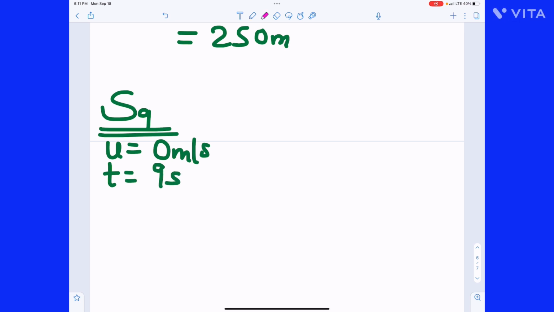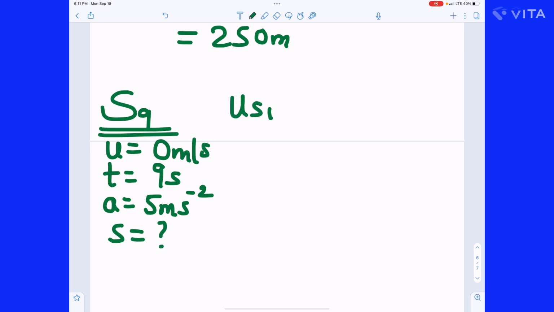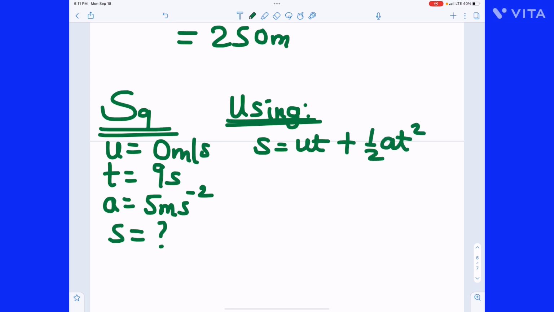Then acceleration is 5 meters per second squared, and distance is what we are looking for. What formula connects U, S, A, and T? The formula that connects all four is S is UT plus half AT squared.